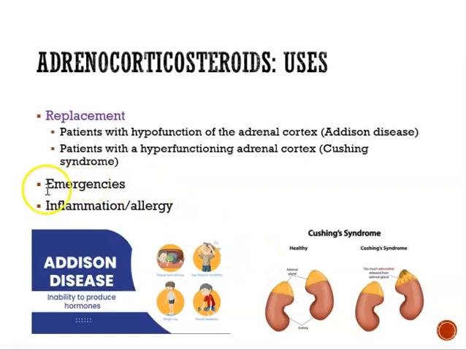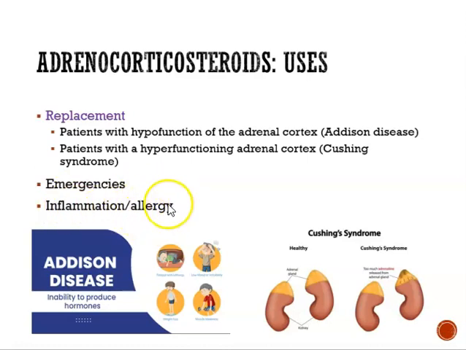Corticosteroids are used in emergency situations. So if you're in an adrenal crisis like this, then they'll inject or give you corticosteroids. But sometimes we'll notice that corticosteroids are also used with inflammation. For example, if you're having a flare-up, if you have rheumatoid arthritis, if you have lupus, for example, any inflammation in your body, prednisone or any steroid medication could be prescribed.